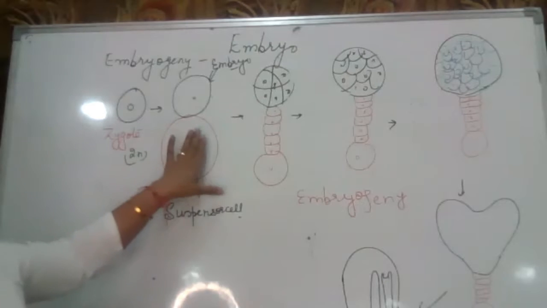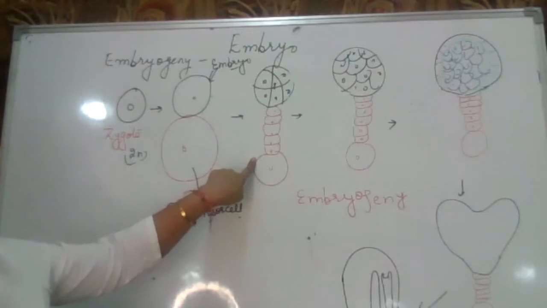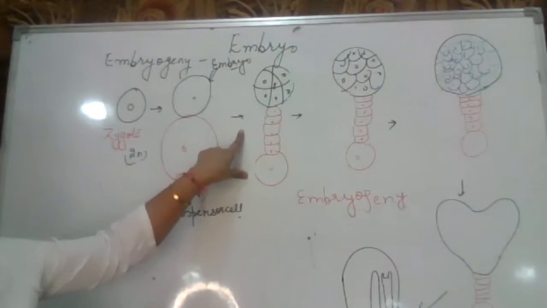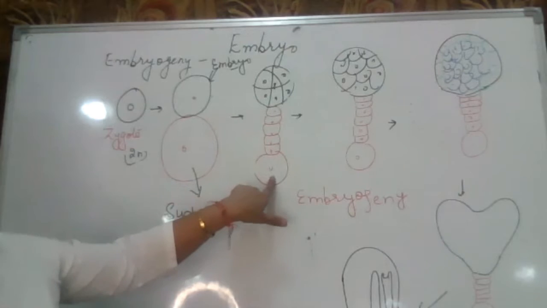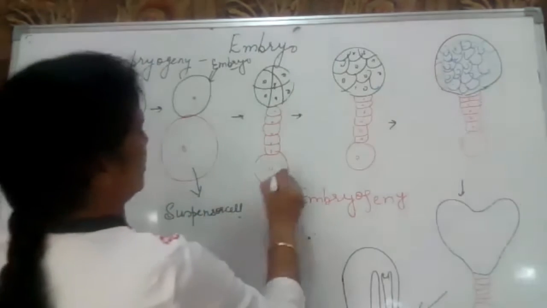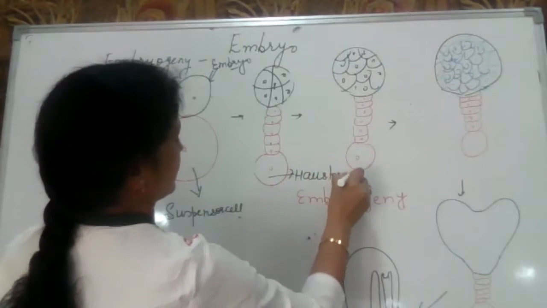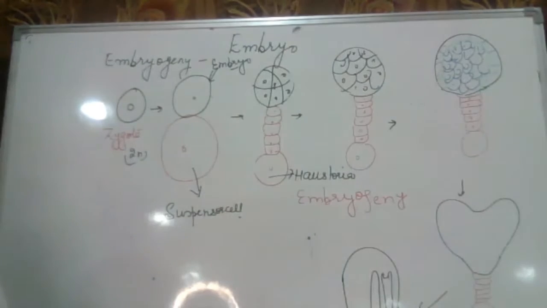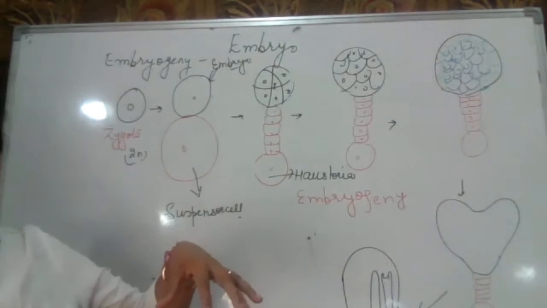Now this suspensor cell will divide again by a few divisions and it forms a 6 to 8 cell structure. The lowermost part of this structure gets swollen and this is called haustoria. By this haustoria, it gets attached to the embryo cell.